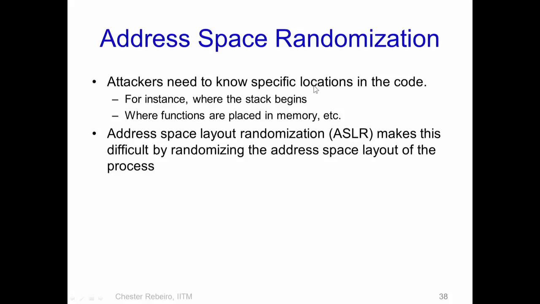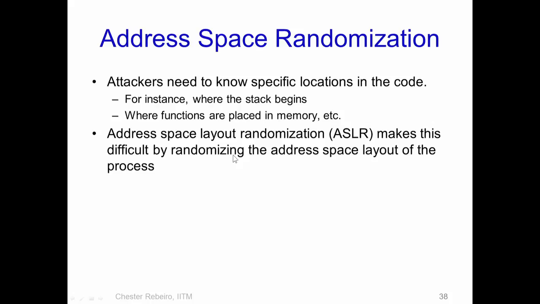Another way to prevent this attack is something known as address space layout randomization, or ASLR. This countermeasure uses the fact that attackers need to know specific locations in the code. In the return to Libc attack, for instance, the attacker needed to know where the function system was located in the program space. Now, if we have ASLR enabled, then the layout of the address space is randomized.